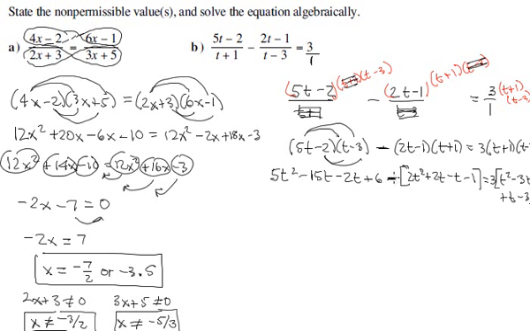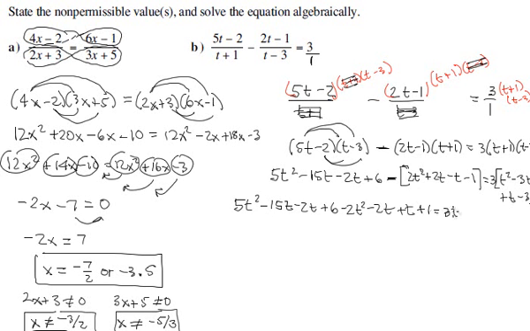This minus right here has to distribute through all of those terms. This 3 has to distribute through all the terms on the right, so we'll get that done, and then we can finally start collecting. 5t squared minus 15t minus 2t plus 6 minus 2t squared minus 2t, this is coming out of these square brackets, plus t, minus times minus, and then minus times minus again gives plus 1.